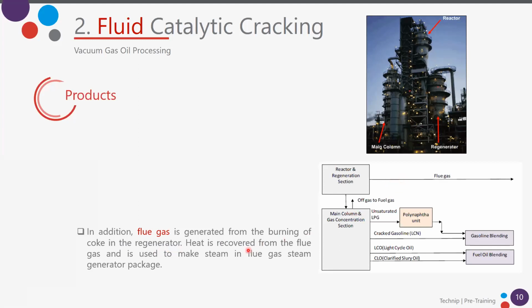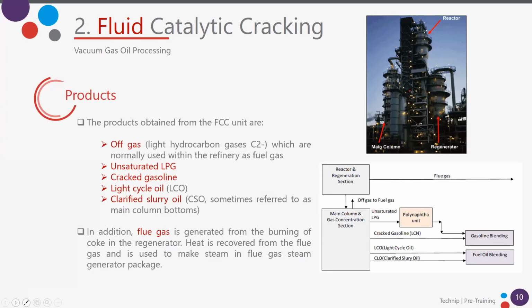So heat is recovered from the flue gas and is used to make steam in the flue gas steam generating package. Okay. And we have here a typical picture of an FCC unit. Okay, the reactor, the regenerator, and the main column. So these are the main products that we will get from the unit.